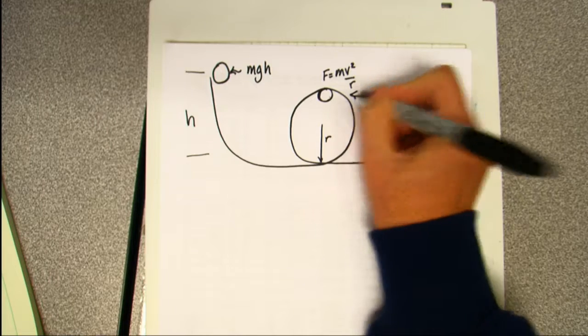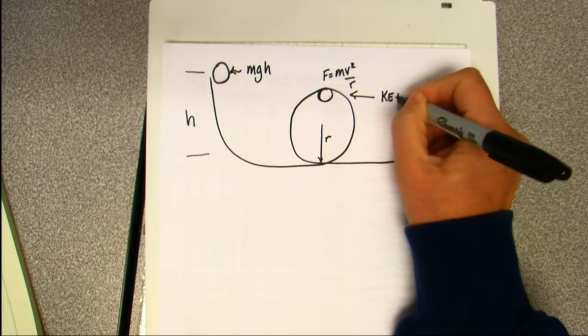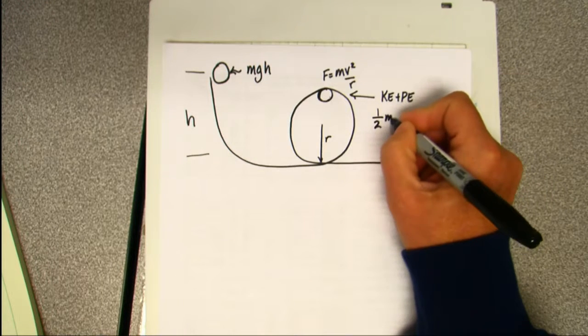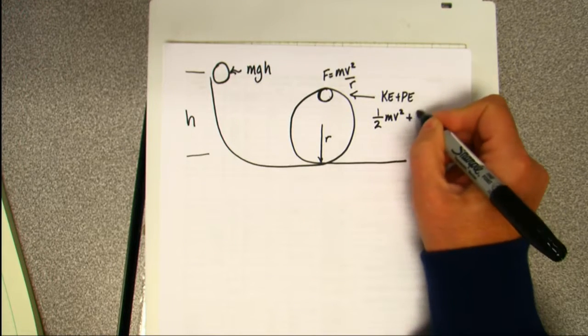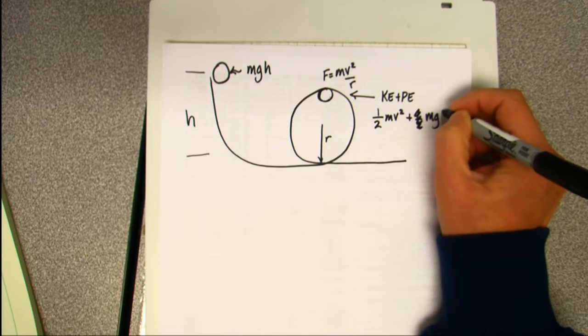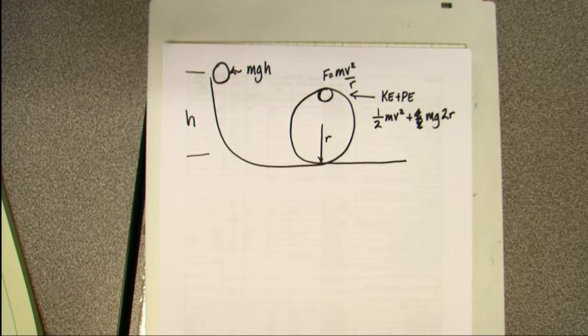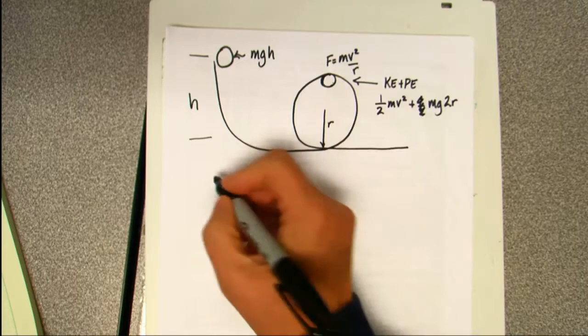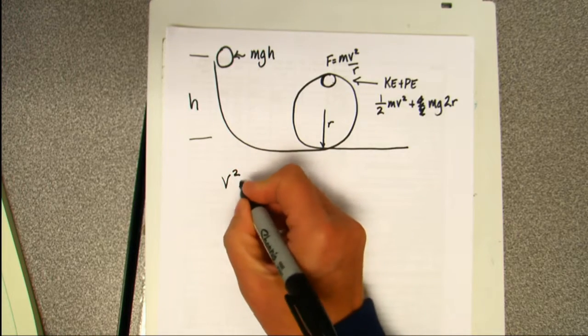At this point, we have kinetic energy plus potential energy, and the kinetic energy is 1/2 mv squared, plus mg2r. So I'm going to solve for v squared.